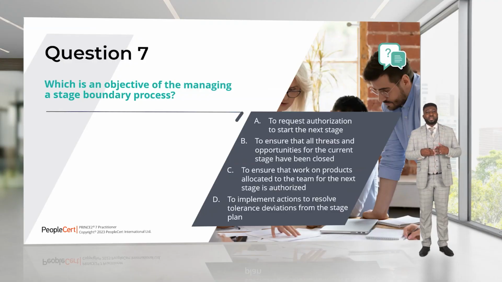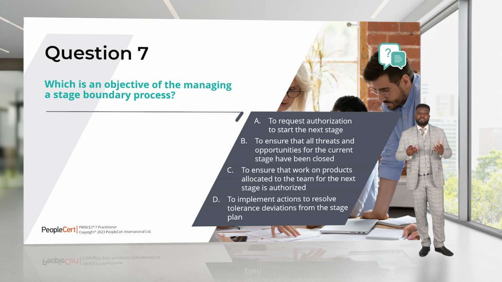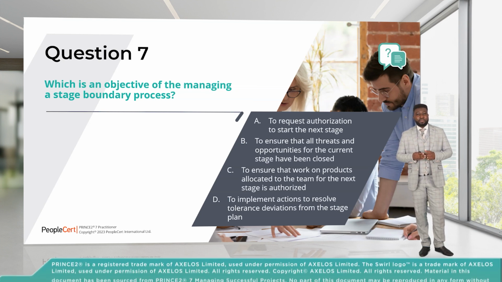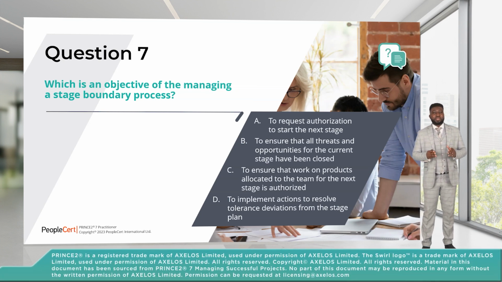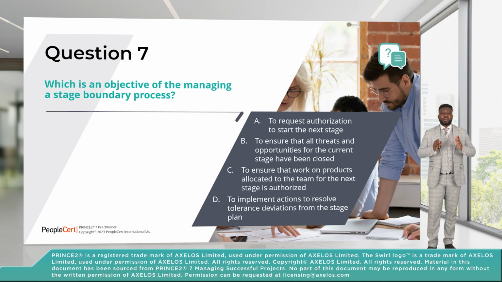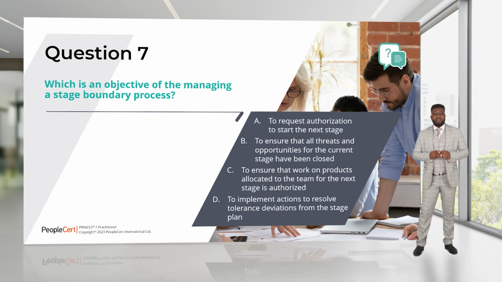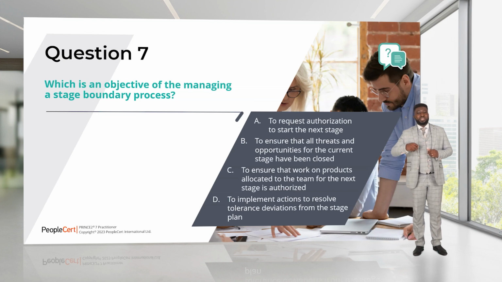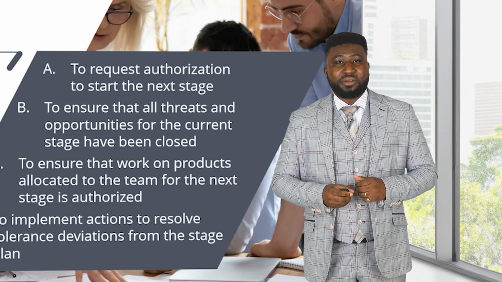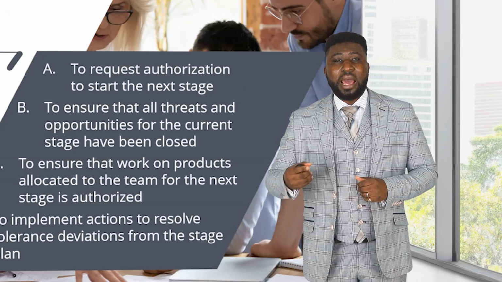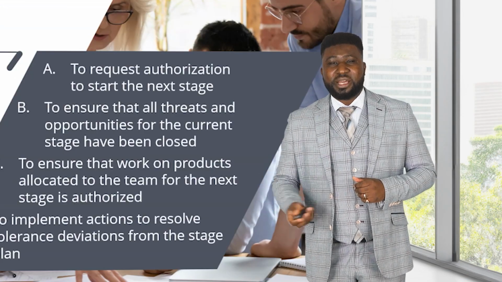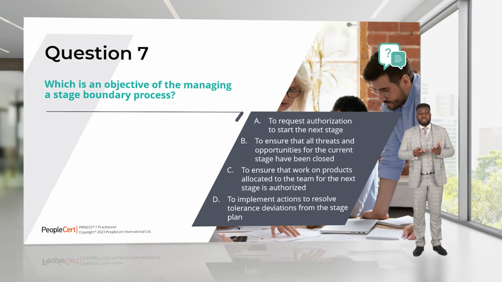Once the project board has chosen a suitable option, they will ask the project manager to create an exception plan. Granted, the exception plan is going to be created within the stage boundary. However, the actions that will be taken to resolve the deviation from the stage plan will happen within your controlling a stage. So therefore, D is incorrect.